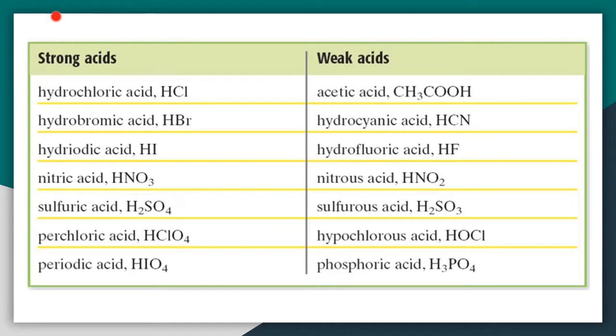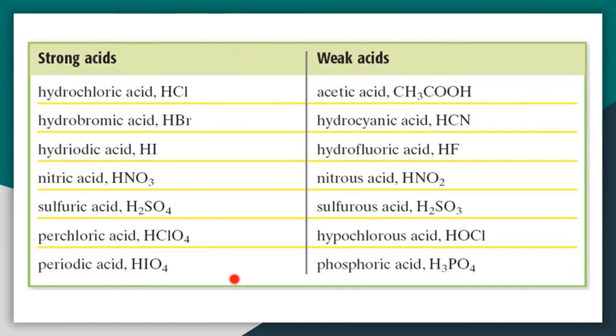Here we have a list of a bunch of strong acids and a bunch of weak acids. I'm not super concerned that you guys remember all of these. That's not the biggest deal in the world. If you go to the back of your common ions to know sheet, our red reference sheet, you will be able to see that there is a list of acids that you should probably know. And of course, you're going to be able to use that on a quiz or a test. So you have that list available to you.